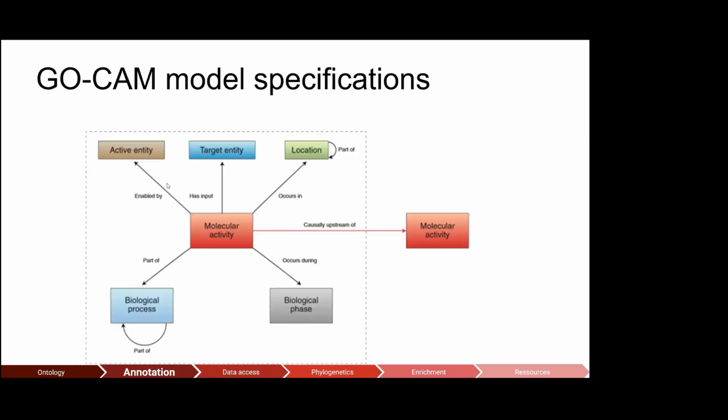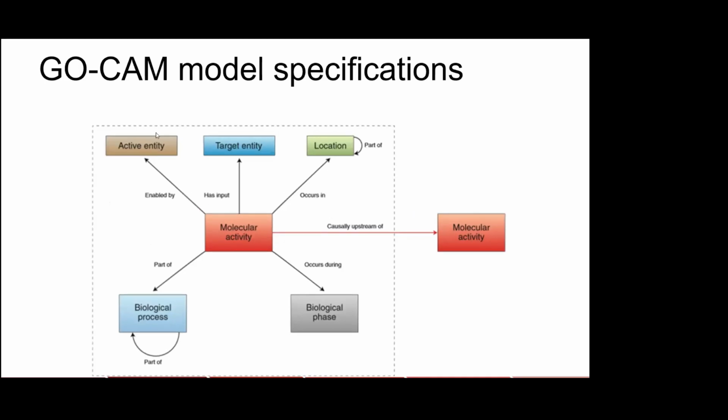So how does it look? The core of a GO-CAM is a molecular activity enabled by an active entity, which is a protein. It has as input a target entity. So for instance, a kinase has as input the substrate. It occurs in a location represented by a cellular component GO term, and it's part of a biological process.